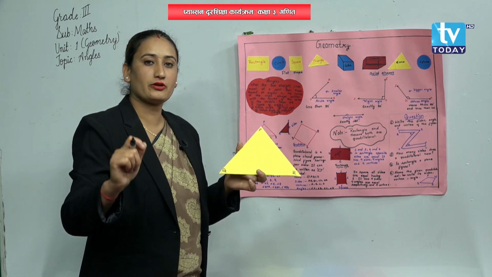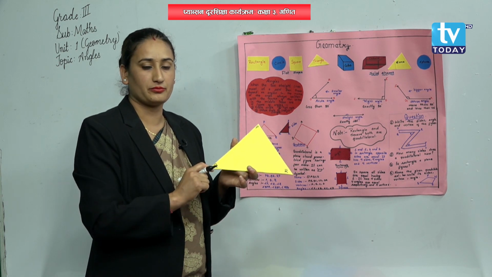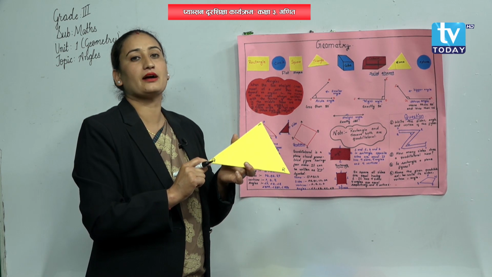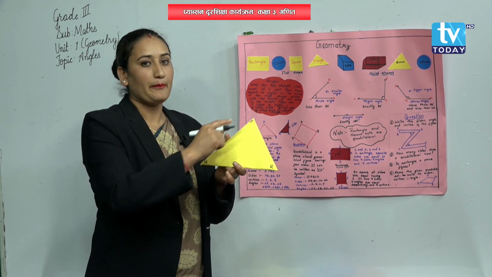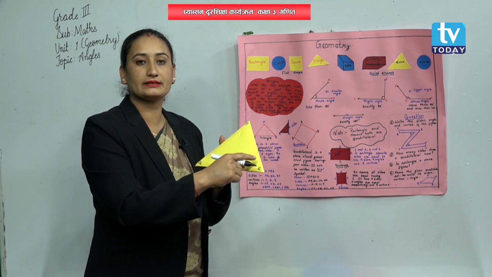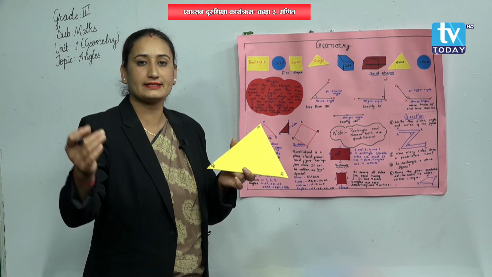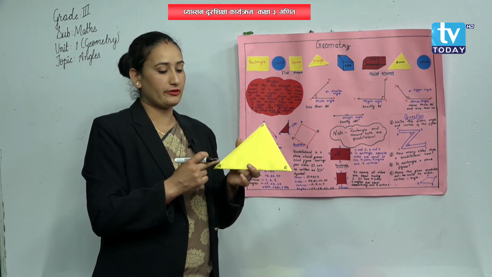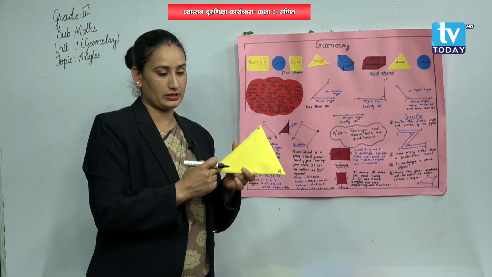Vertices is the plural form, vertex is the singular form. Done? If I say only Q, then it's called a vertex. If I say P, Q, R, then we call them vertices. Now, how many vertices are here? Three. Have you noticed?